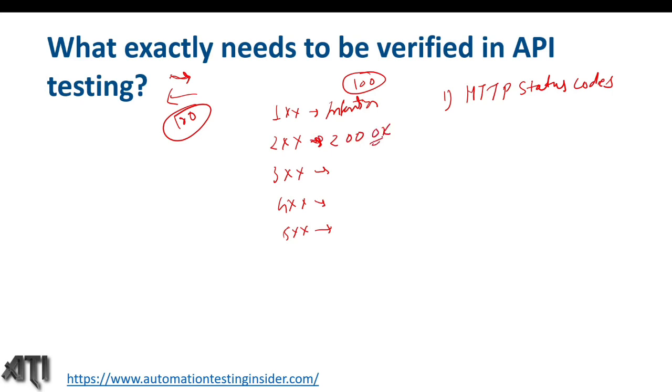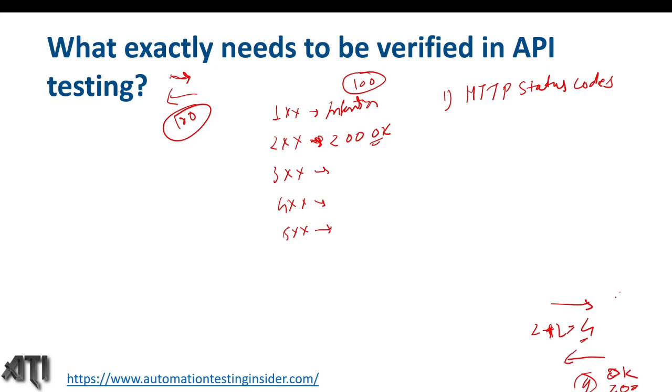If everything is working fine, there are no errors and the application is working fine, we'll get a response like 200. Suppose we send 2 plus 2, it should be 4, right? And we get the result as 4. So we send the request and get the response from the server as okay, meaning 200. When we get 200 okay, that means it is working fine.